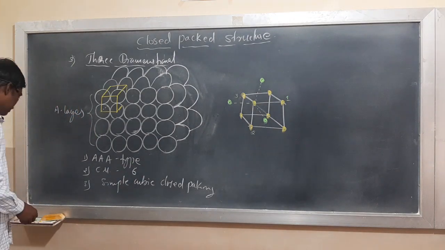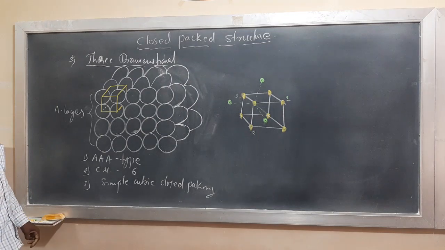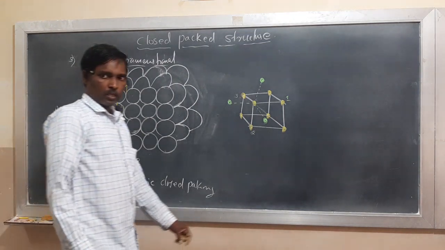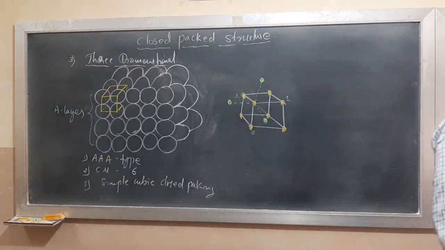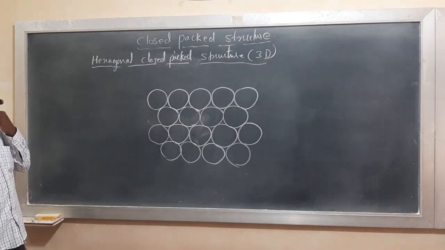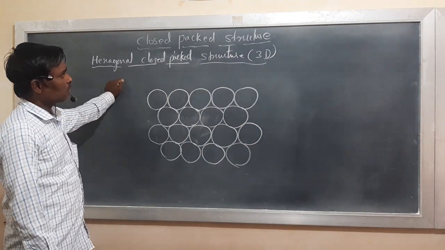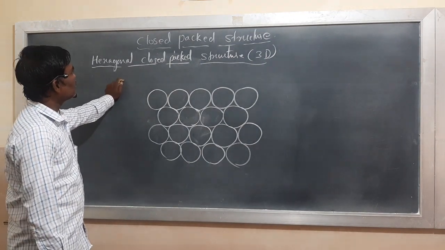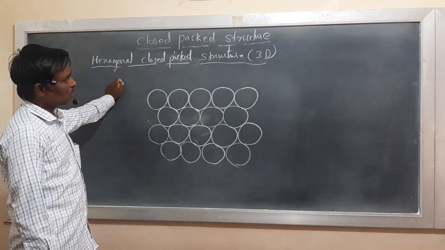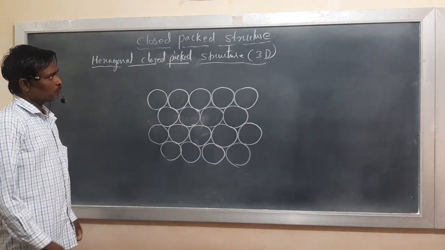So this is one type of square close packing arrangement in 2-dimensional. Next is another type of arrangement in 3-dimensional, that is hexagonal close packed structures, or hexagonal close packing arrangement in 3-dimensional.